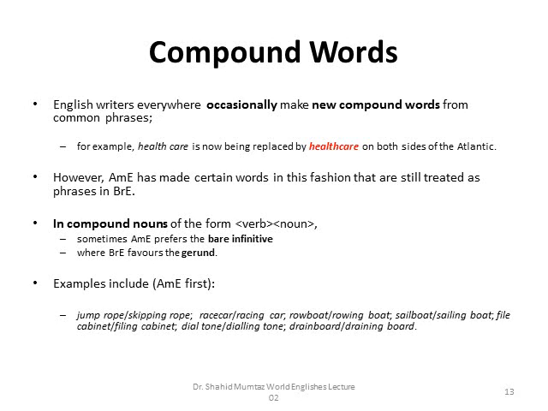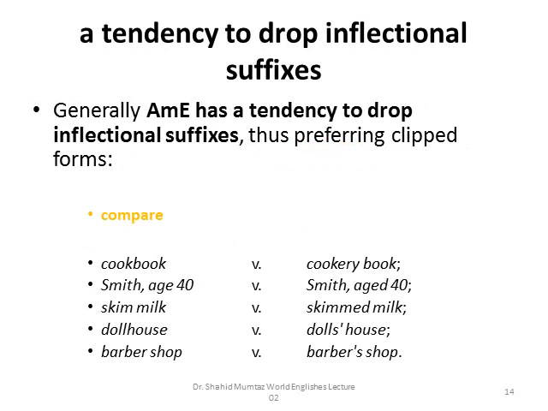Then race car, racing car; rowboat, rowing boat; sailboat, sailing boat; file cabinet, filing cabinet, and so on. So in compound nouns formed with verb plus noun, Americans prefer infinitives and British English favors the gerund.